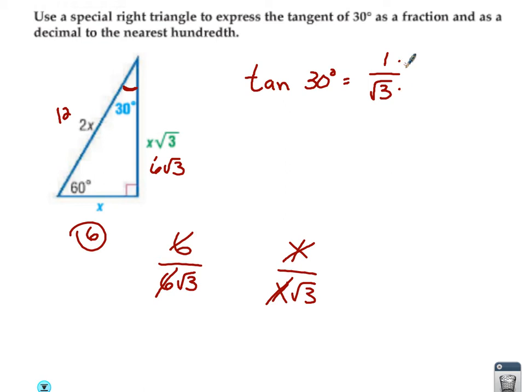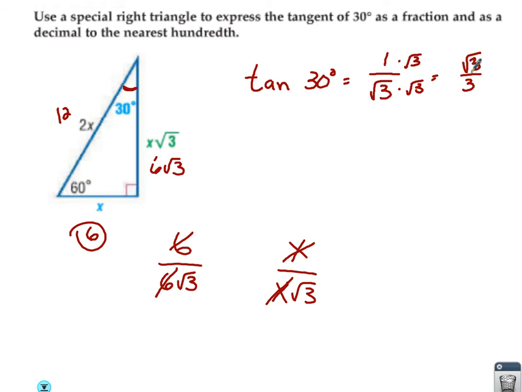How do I get rid of it? I multiply top and bottom by that irrational number. Because now what do I have? Do I have an irrational number on bottom now? What's the square root of 3 times the square root of 3? 3. Square root of 9, 3. So I just rationalize it. It was irrational. Now it's rational. Now it's a whole number.